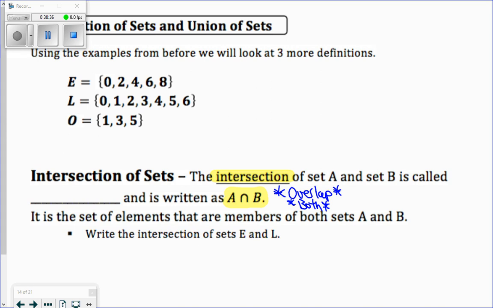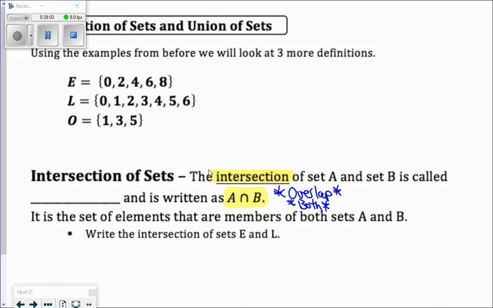Okay. So it says the intersection of set A and set B is called blank and is written as that. The intersection of set A and B is called, I don't know what we would call that. I would say overlap. Okay. It is a set of elements that are members of both sets A and B.